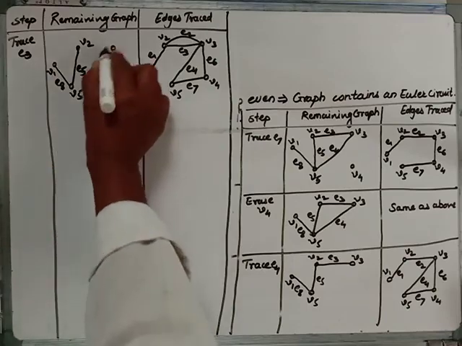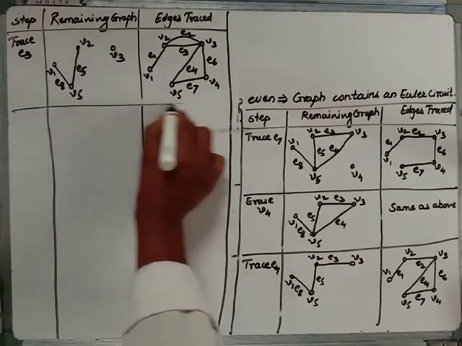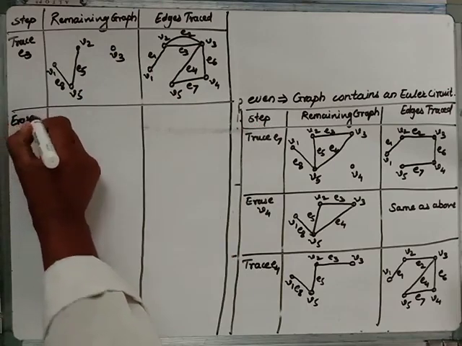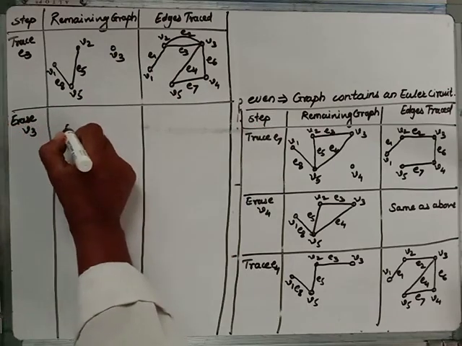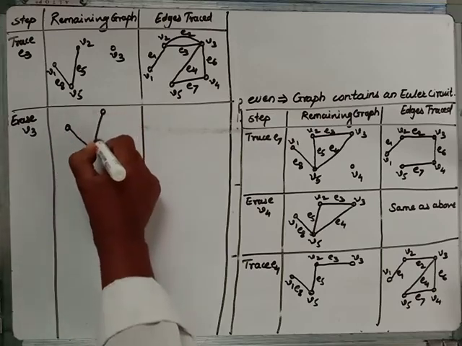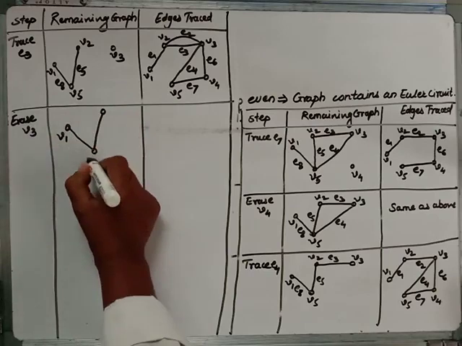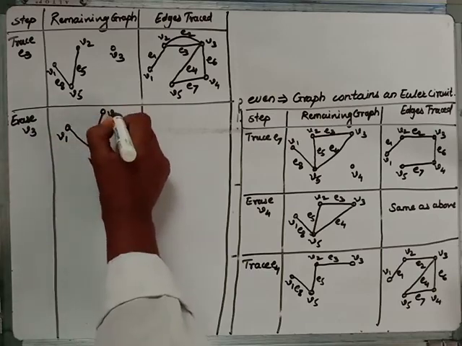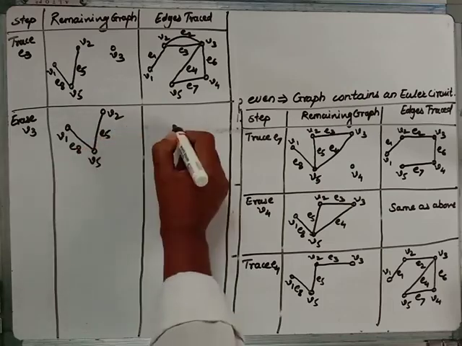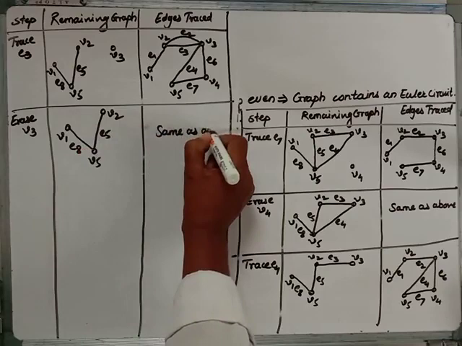Now V3 will become an isolated vertex, so erase that first. Erasing V3, the graph will be simply V1, V5, V2 with E8 and E5, same as above.